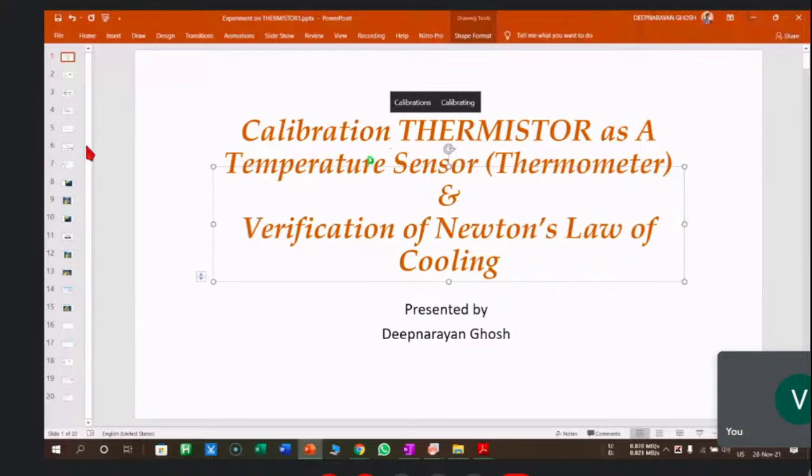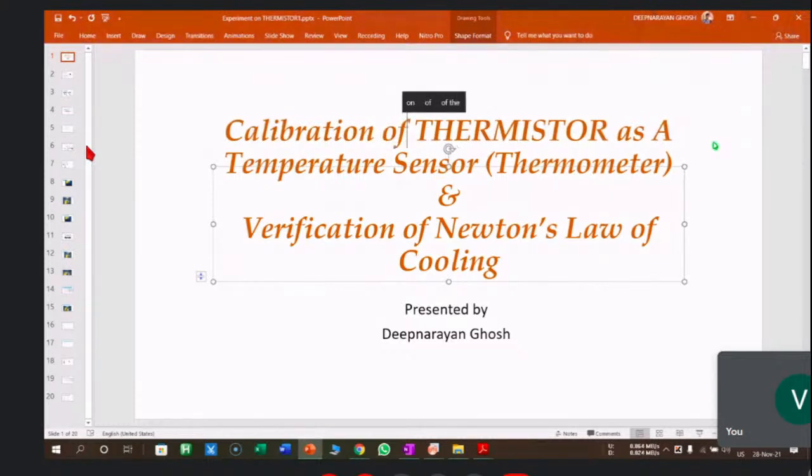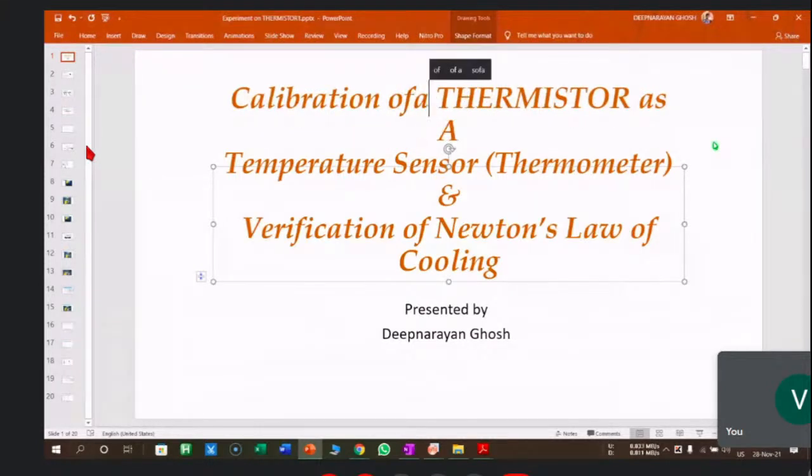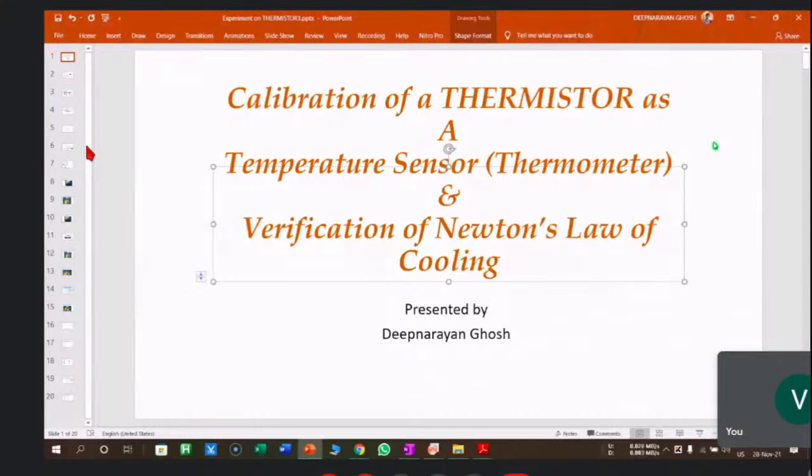Probably it's the first time he's giving a talk like this. But anyway, it was really wonderful. They are doing very good physics experiments. Calibration of a thermistor. Thank you, sir.